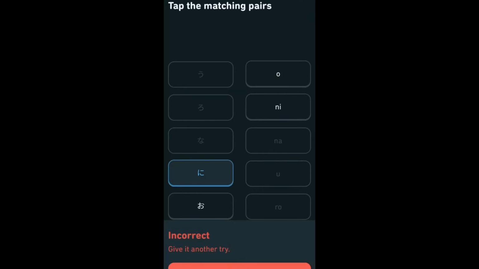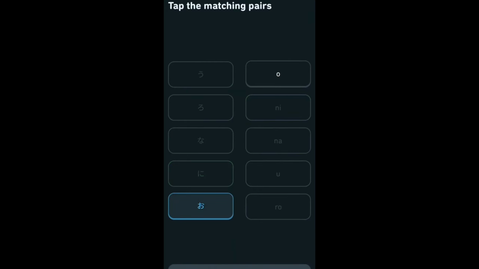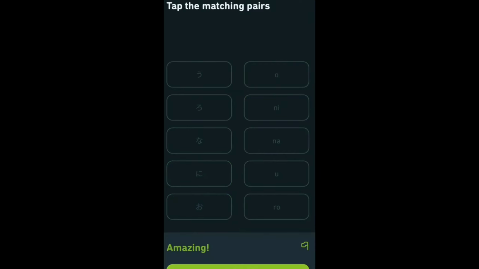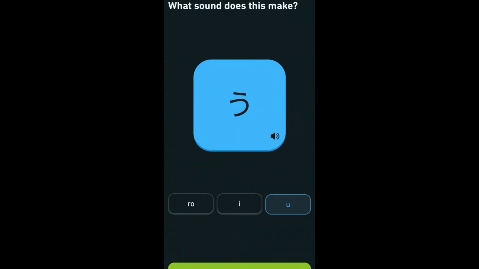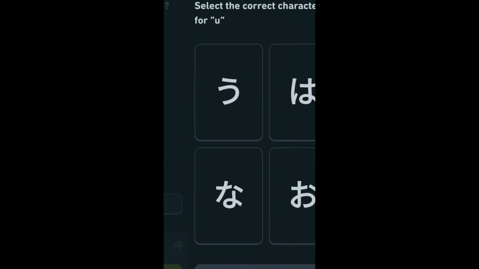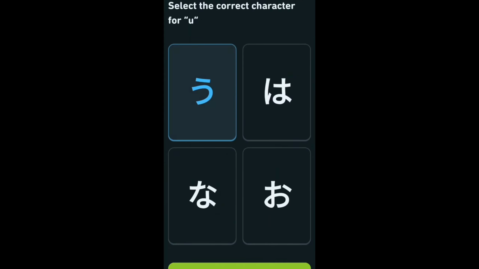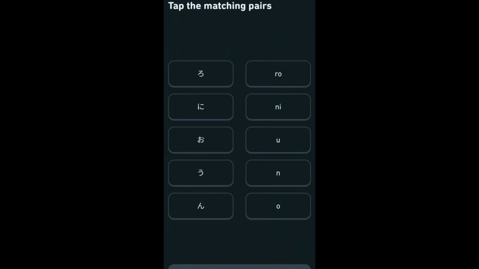So try and remember how all of the nas look. Like Ni, and then, so what is this one? U. Select the character for U. Number 1. Right. Now, what is Ro? This is Ro. Then, Ni. Then, O. That's right.